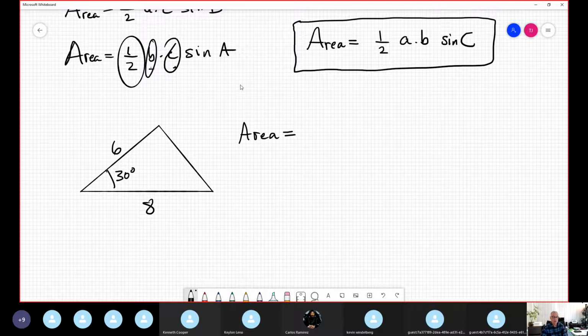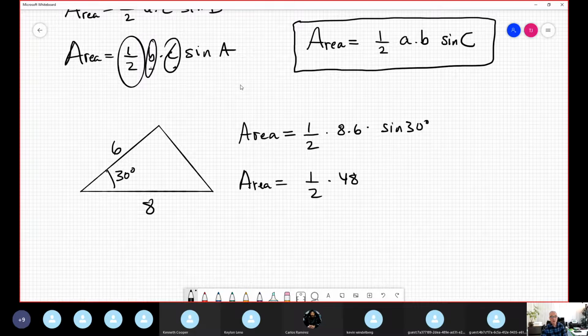Well, just multiplication: 1/2, don't forget 1/2, times 8 times 6, sine 30 degrees. Area is equal to 1/2, this is 48, and sine 30 degrees is 1/2 again, no? This is 48 divided by 4, because 2 times 2 is 4, which is 12.